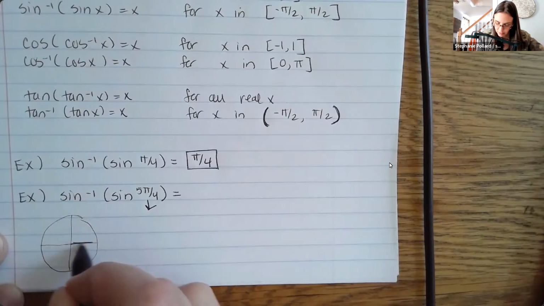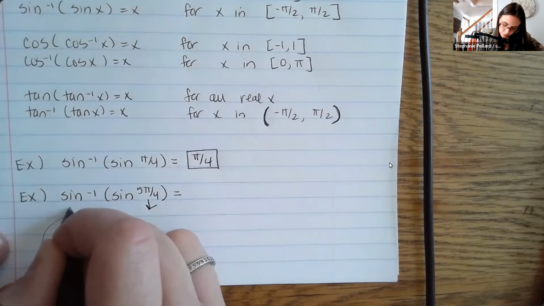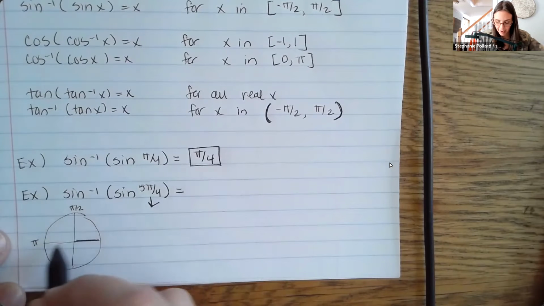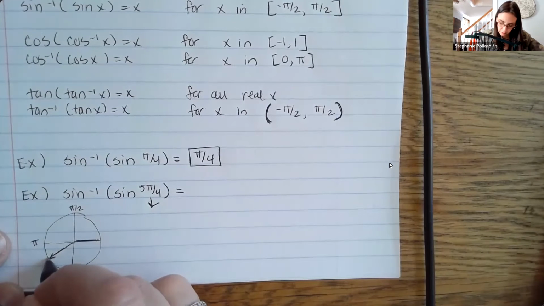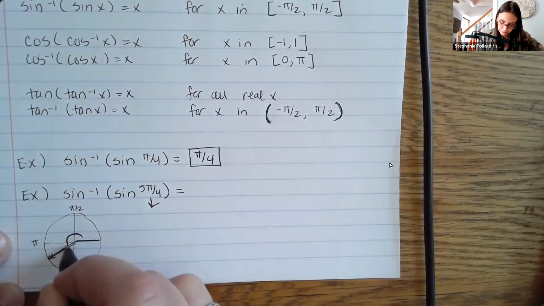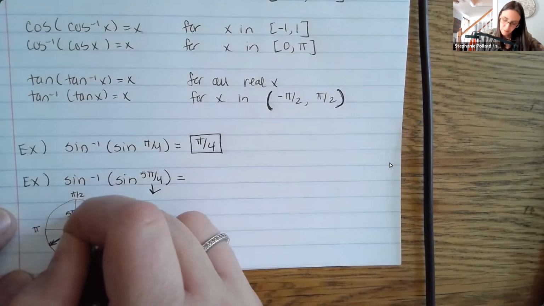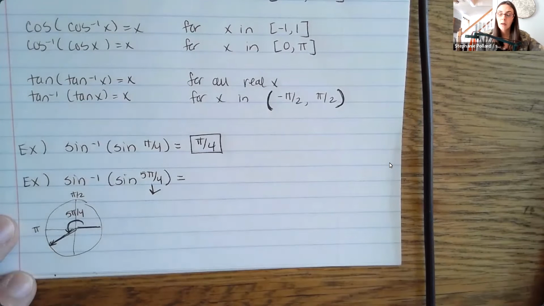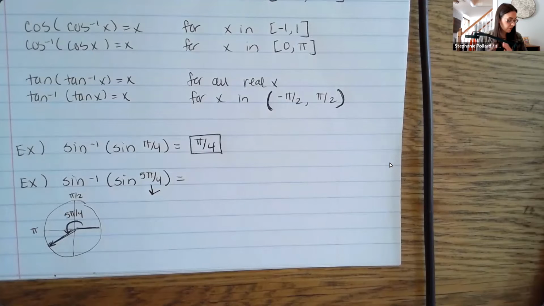So here's my starting side, and I'm going to 5 pi over 4. Pi would be like 180 degrees, so my angle goes right here. That's my 5 pi over 4. So I could use a reference angle instead, which can help me figure this part out.